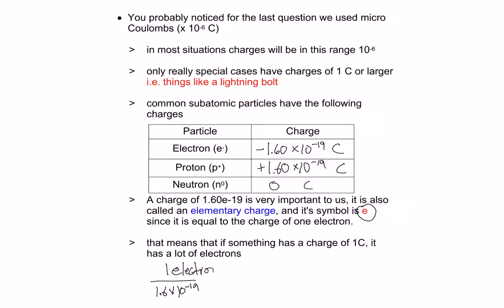If we divide those, we would see there's actually 6.25 times 10 to the 18 electrons in 1 coulomb. So I kind of messed that up, but hopefully you understand what I'm trying to get at here. So a lightning bolt strike, for example, has 6.2 times 10 to the 18 electrons being emitted in that bolt. So it's a huge, huge amount.